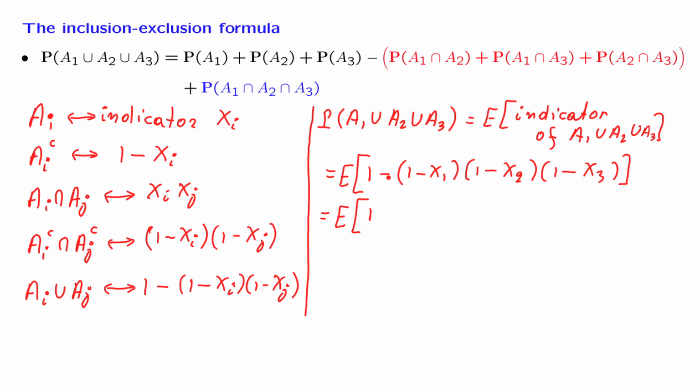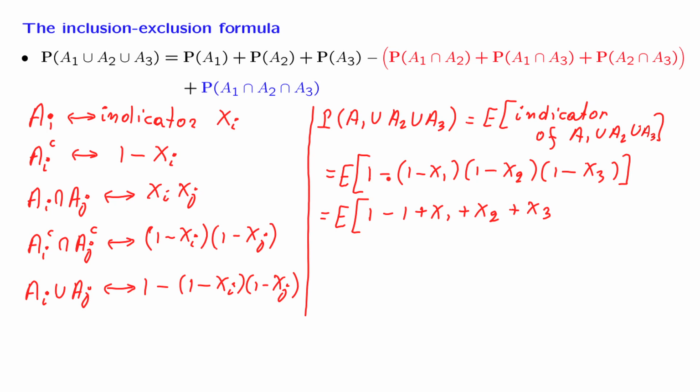One contribution with a minus sign is 1 times 1 times 1. Another contribution would be minus minus, that's a plus, x1 times 1 times 1. And similarly, we get a contribution of x2 and x3. And then we have a contribution such as x1 times x2 times 1.